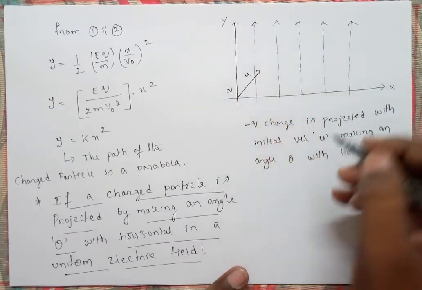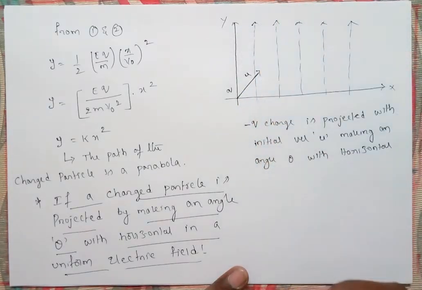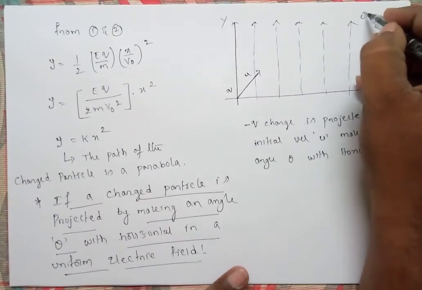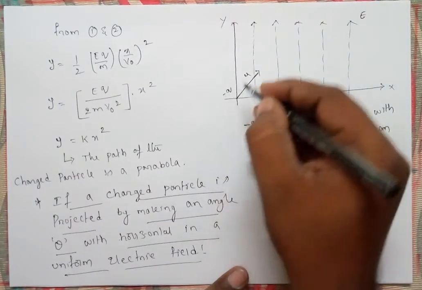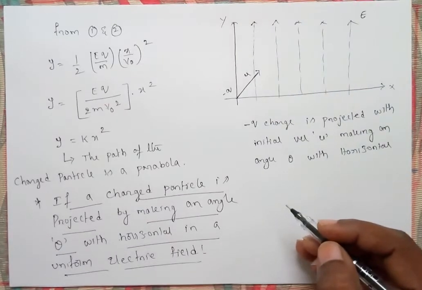When it is projected upwards, the charged particle will experience a force downwards. Why? Because the electric field is upwards, no? A negatively charged particle will experience force in the downward direction.